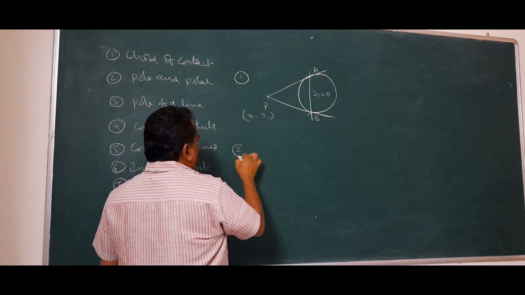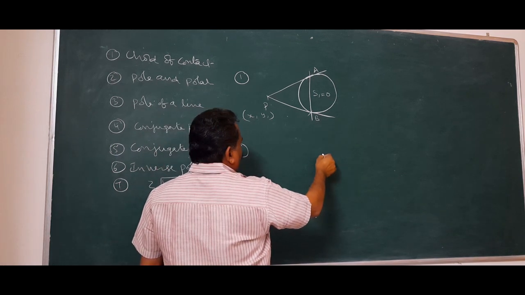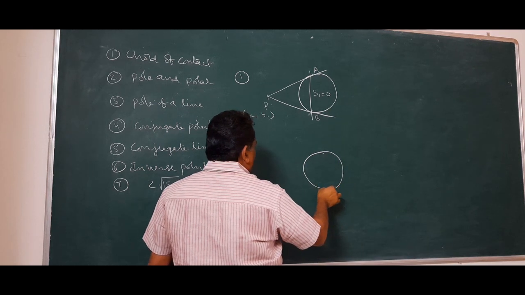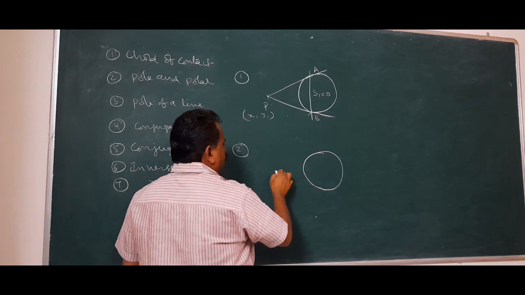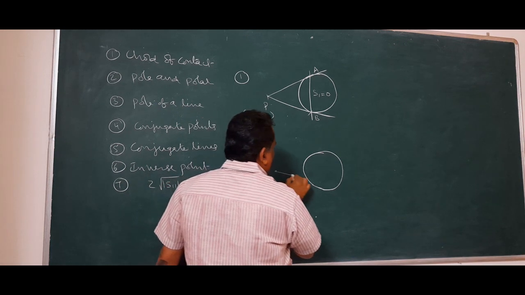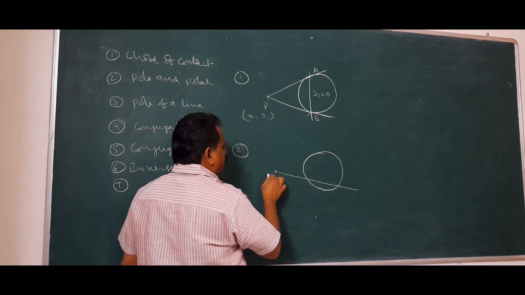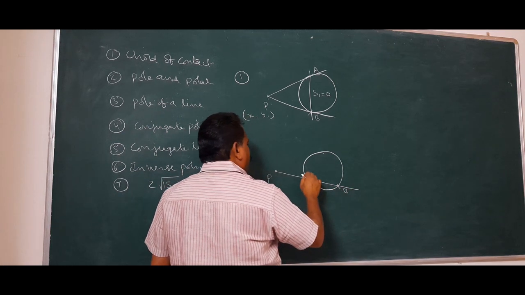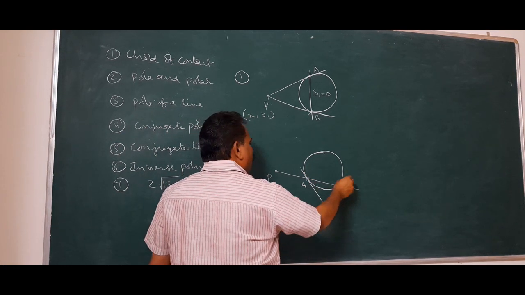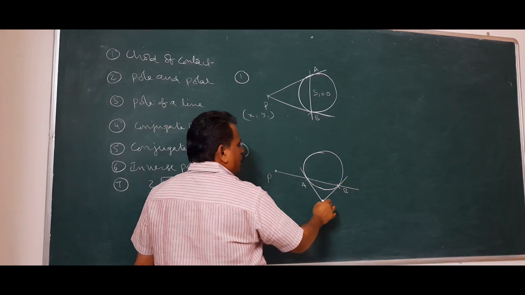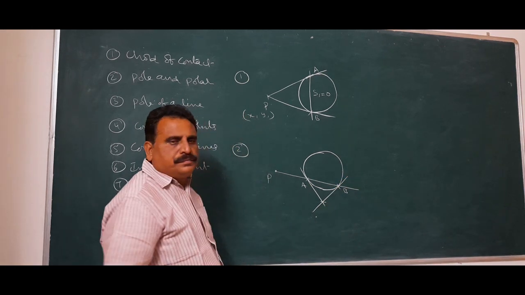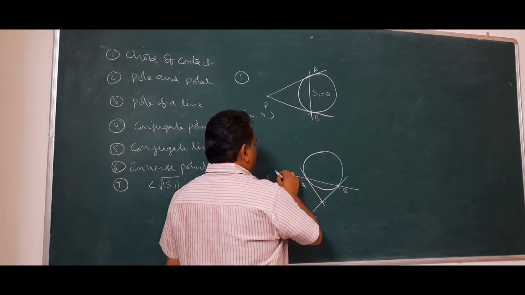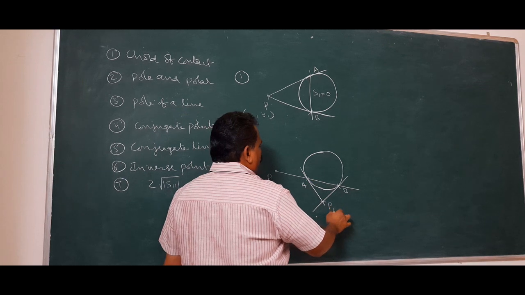Second one, pole and polar. P(x1, y1) is any point, either internal or external. Draw a chord passing through P. It cuts the circle at A, B. Draw tangents at A and B. These 2 lines intersect at one point P1.